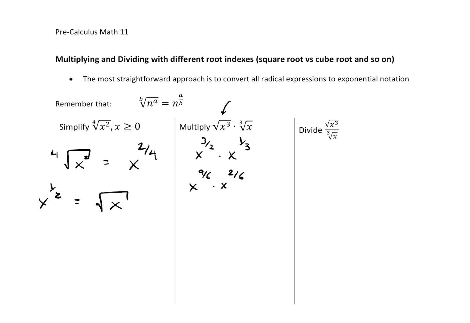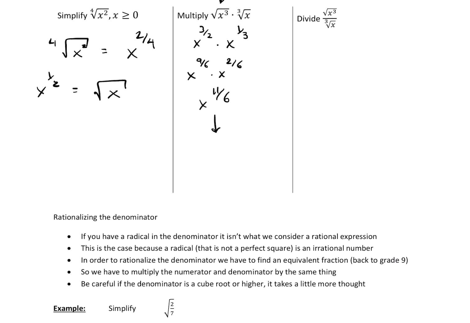And 2 over 6, which gives us x to the 11 over 6, which gives you x to the 6 over 6 times x to the 5 over 6. So you have x times the 6th root. Now, that might not look simplified, but you've multiplied these things together and it's more simplified.